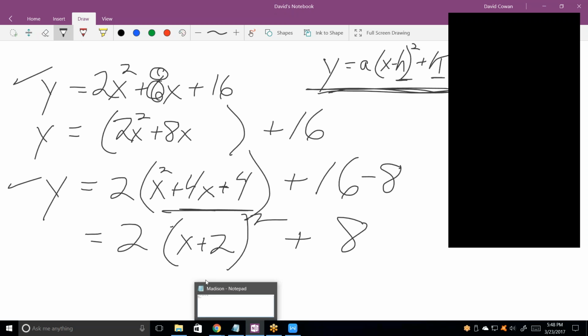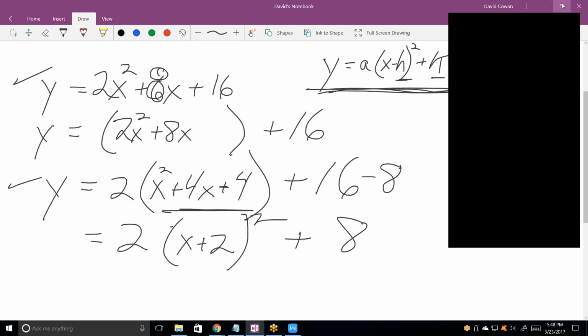Now, sometimes you're going to be completing the square where you're completing it on the other side of the equation, and you've got to be a little careful. In other words, if I add 8 to this side of the equation, I would have to add 8 to the other. But since I'm doing everything on the right side of the equation, when I add 8, I got to subtract 8 to the same side of the equation.